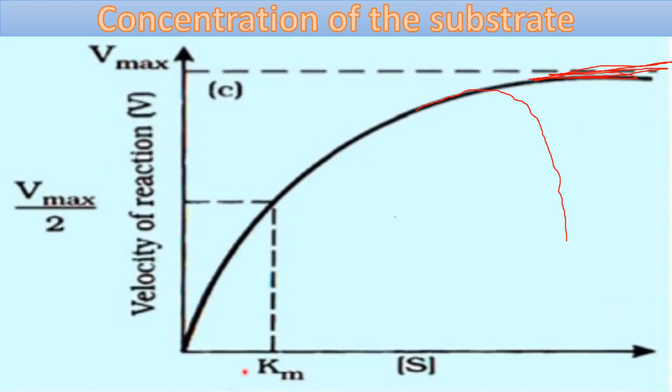So this is Km, the concentration of substrate at which half of maximum velocity of reaction is achieved, and half of maximum velocity is represented by Vmax half. So this is Vmax half here, and this is concentration of substrate where this Vmax half is achieved. So it is represented like this. So this is the graph for concentration of the substrate.